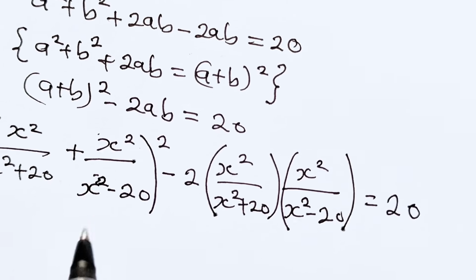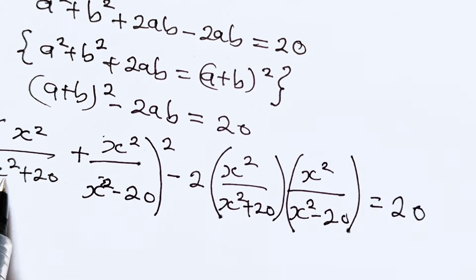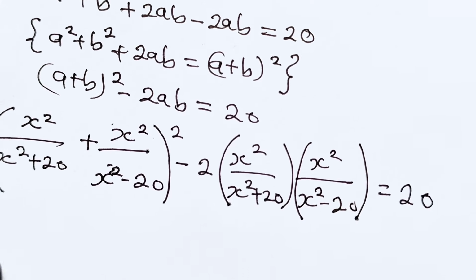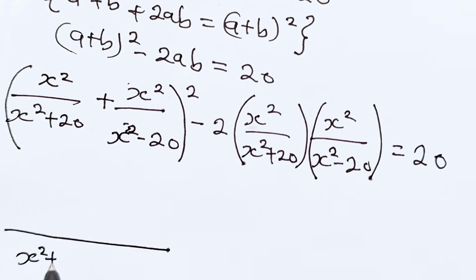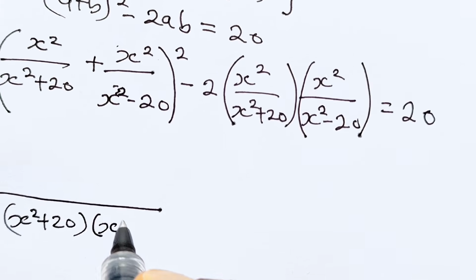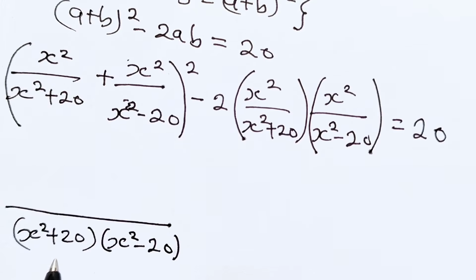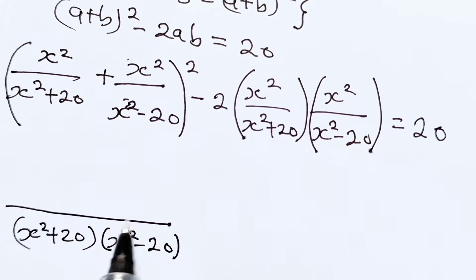Alright, now let's solve what we have inside the bracket. The LCM is this multiplied by that. So we're going to have bracket x squared plus 20 multiplied by x squared minus 20. Now when this is divided by this, this will remain.